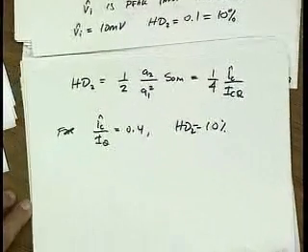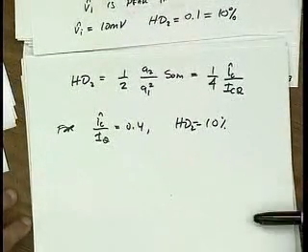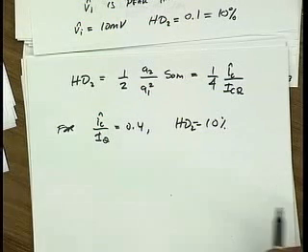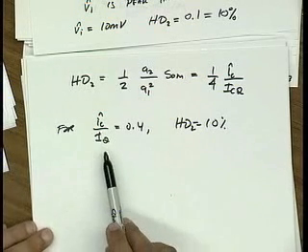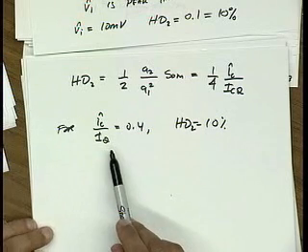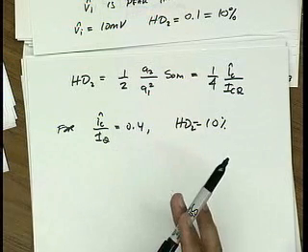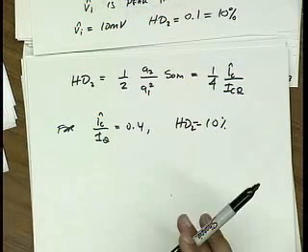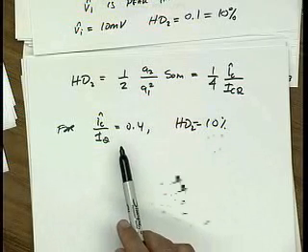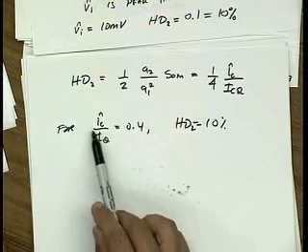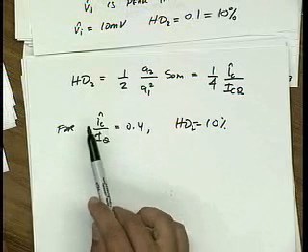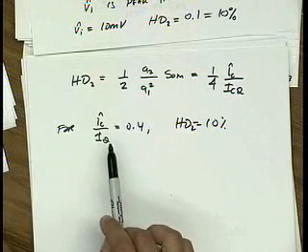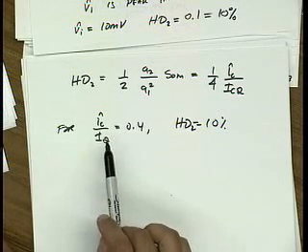Now this gives us a formula for how to reduce the distortion in the amplifier. What do I have to do? I have to run more current through it, right? I have to increase the bias current. And the more bias current I run, of course, the more power I dissipate. So to create a very linear amplifier means that I have to run lots of current through it, and I can't swing the output current too far beyond the bias, the quiescent point.